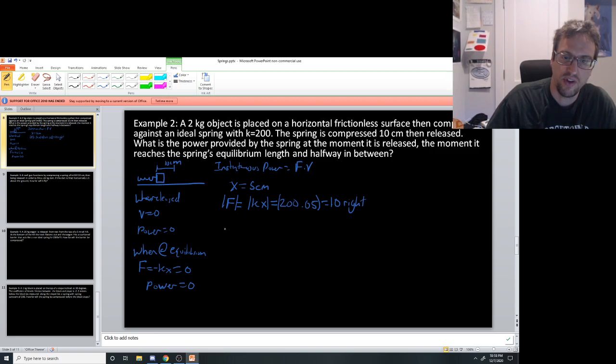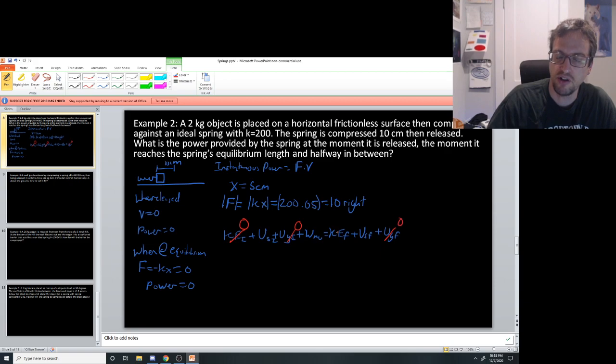So we've got kinetic energy initial plus potential energy of the spring, potential energy of gravity, both initial, right? Work non-conservative equals kinetic energy final plus potential energy of the spring final, potential energy of gravity final. Now, the nice thing is that initially it's at rest, so 0. No height change, so 0, 0.